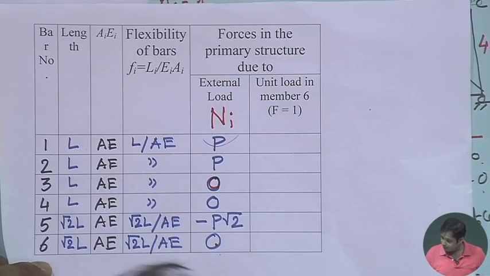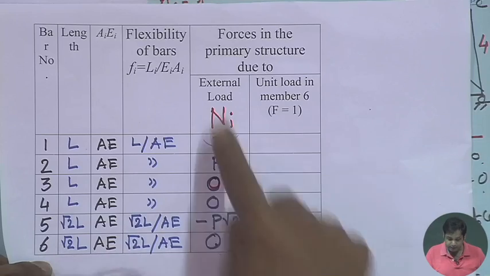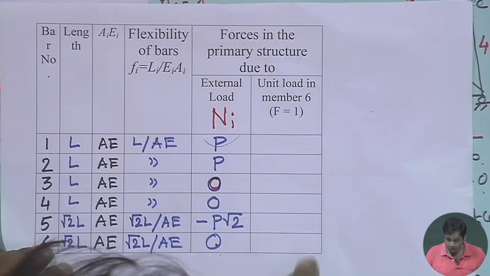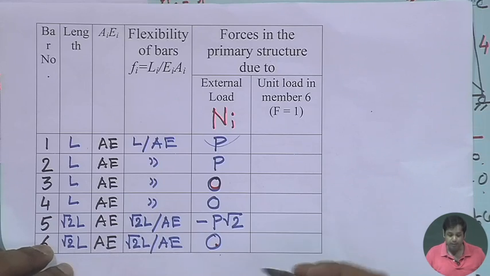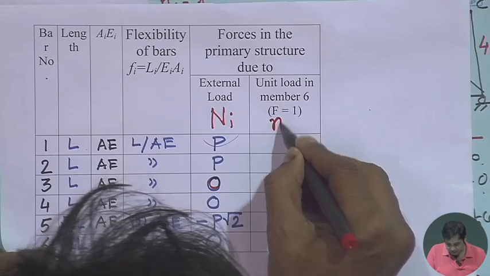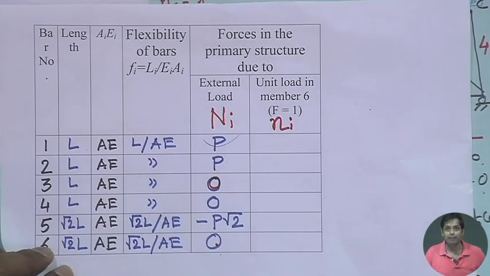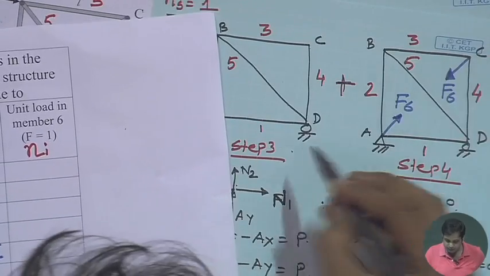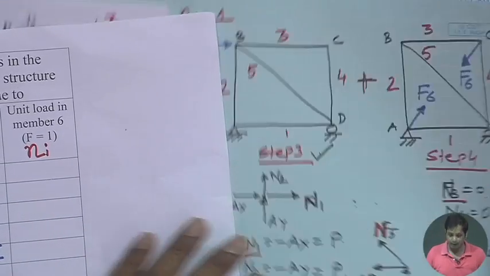This is step 3, if you remember. Then we need to do step 4, which is the forces in different members due to the redundant force, written as small n i. Now this is done, so we have to do step 4.